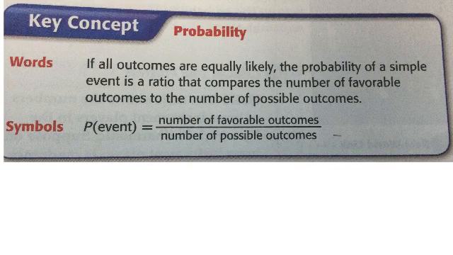What we want to happen. So if I'm flipping a coin and I called heads, what I want to happen is to get heads. That's what goes up top. So if I flip a coin, how many ways are there to make heads? One. There's only one side that's heads. How many possible outcomes are there when I flip a coin? Two, heads or tails. So the probability of flipping heads is 1/2, or 50%.